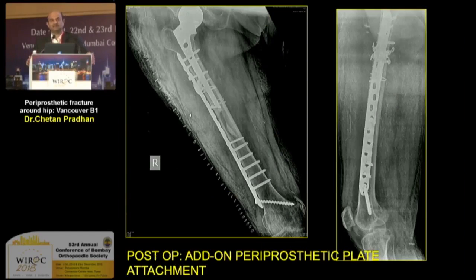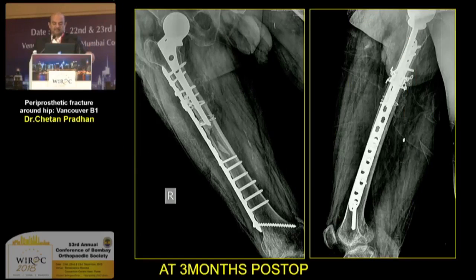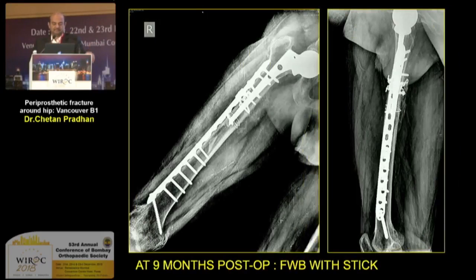This is quite a simple and relatively cheaper option which allows you, if you look in the lateral view, to have about 8 screws on either side of the stem, and you can even lock those screws in the locking attachment plate, which can be put over your standard LCP. So this is at 3 months post-op and 9 months walking with a stick.